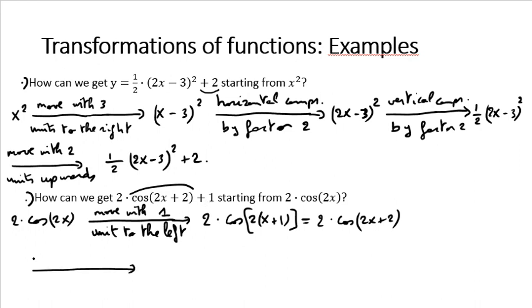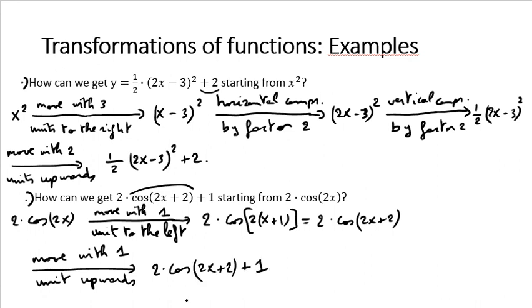So we have to move it with 1 unit upwards. So then we get 2 times the cosine of (2x plus 2) plus 1. And that is the answer.